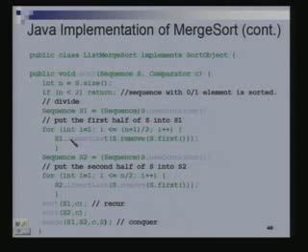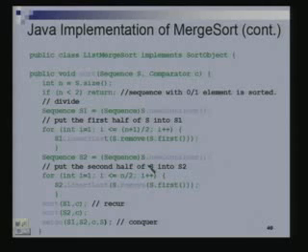Let's say we have an operation called insert last, which will insert an element into the sequence. This is a method on the sequence data type. Similarly, we create a new sequence called S2, and we put the second half of S into S2.